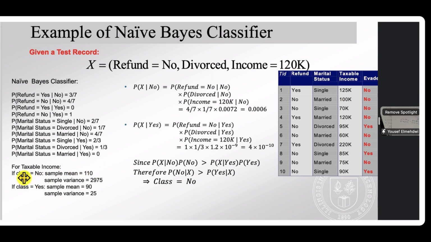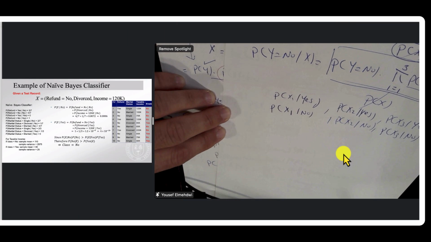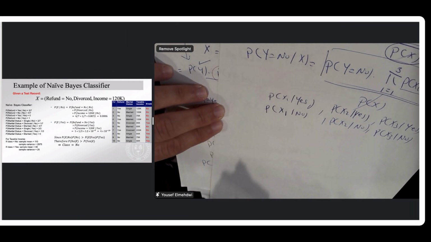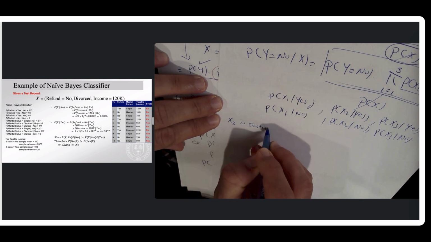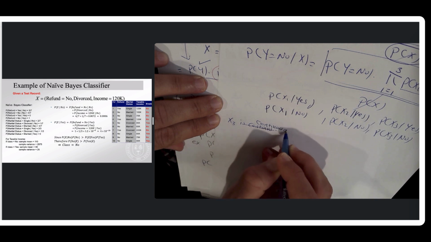Now we're going to see, if the class label equals no, I need to compute the sample mean and the sample variance. I need to have the parameters, because why do I need them? Let me write the formula that we're going to use here. If the class is no or yes, assume, for example, that x3 is a continuous attribute.